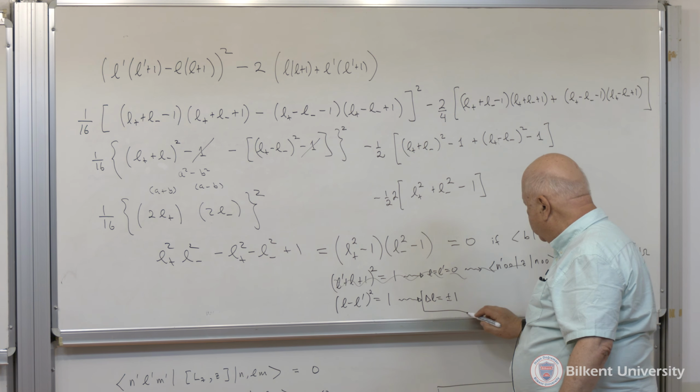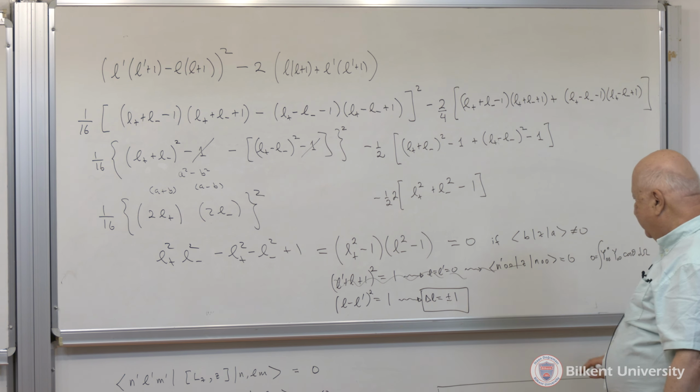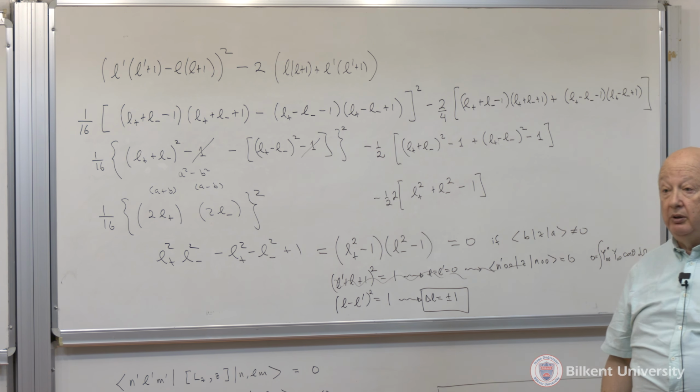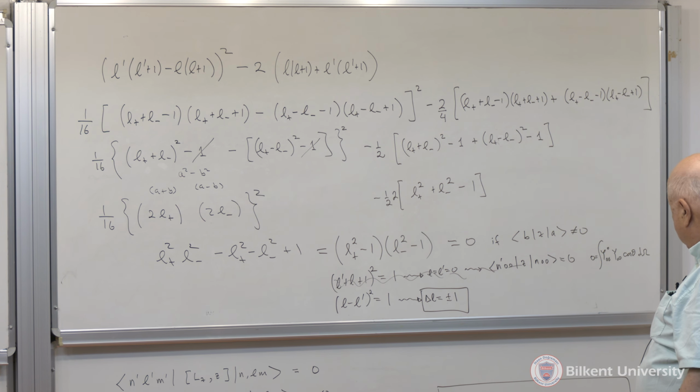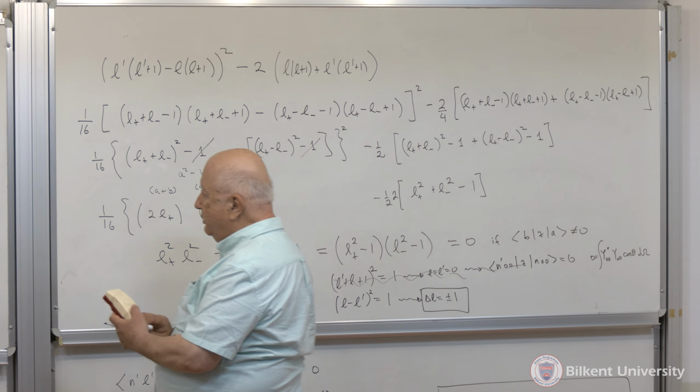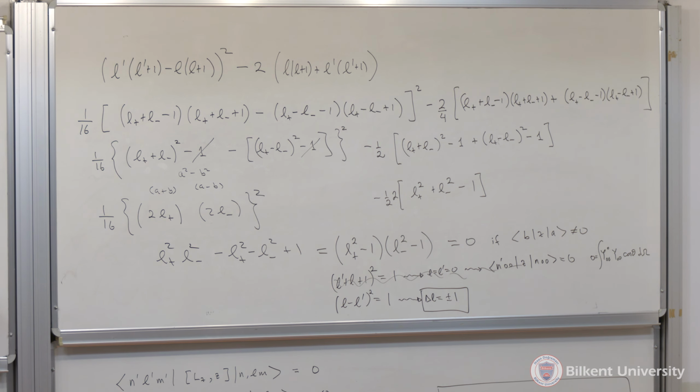Let me put that in a box also. So delta L must be equal to plus or minus 1, and then delta M can be 0 or plus or minus 1. So you can make a picture of what transitions are allowed.